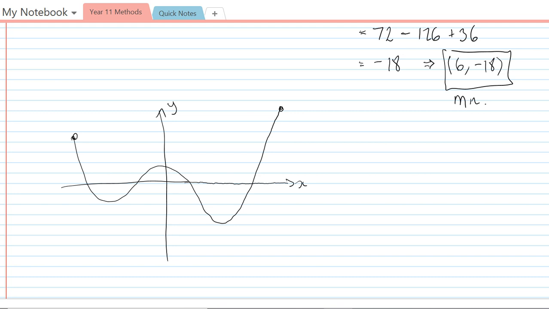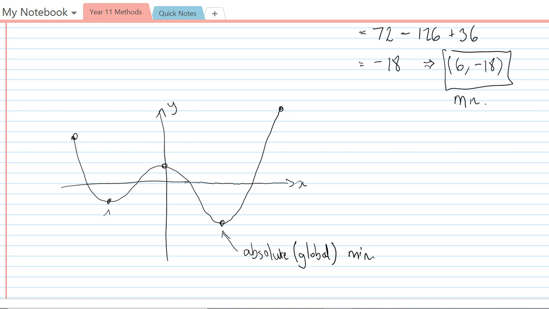When I talk about the types of minimums or maximums, you can see that I have a minimum here, and I've got a maximum here, and I've got a minimum here. So in this example, this point right here would be called an absolute or global minimum.